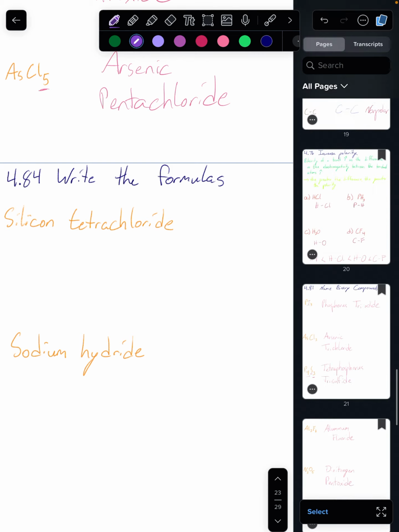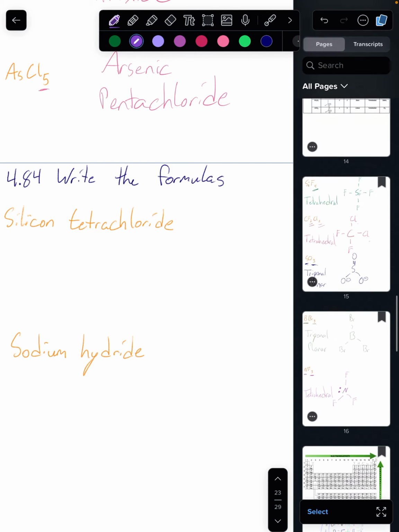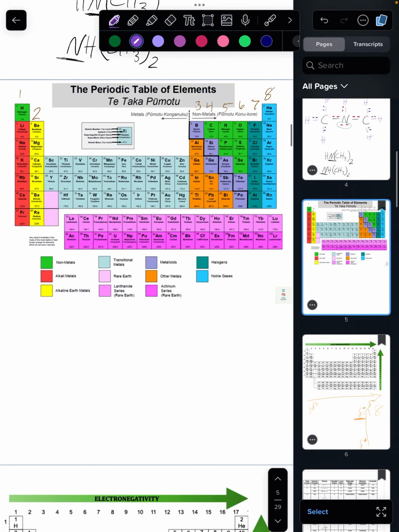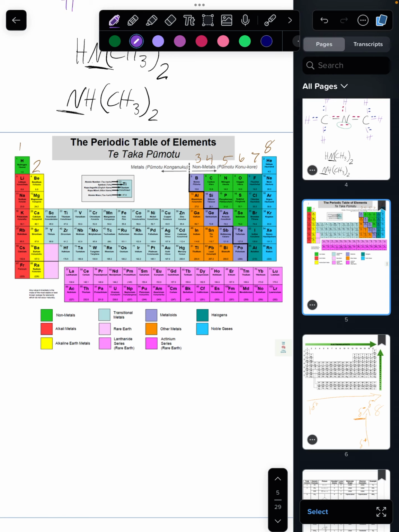we have silicon, which I don't remember the formula for silicon. So that is sulfur, that is selenium.